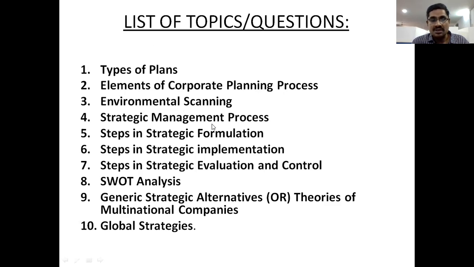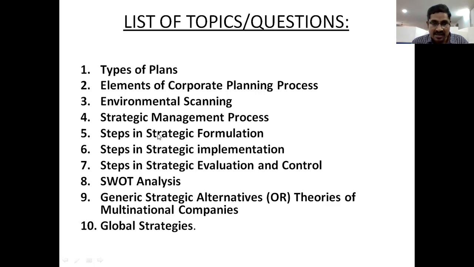strategic management process. This is a very important topic in this unit, right? In this strategic management process, we have 4 steps. First one is environmental scanning. Next, strategic formulation, strategic implementation, strategic evaluation and control, and SWOT analysis.